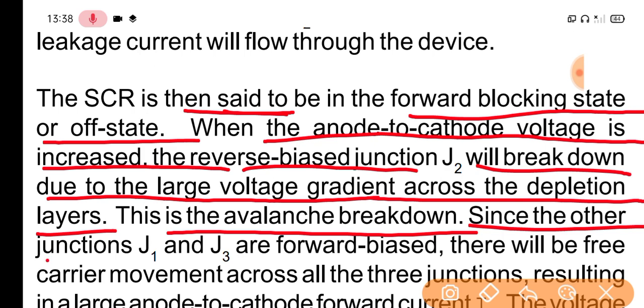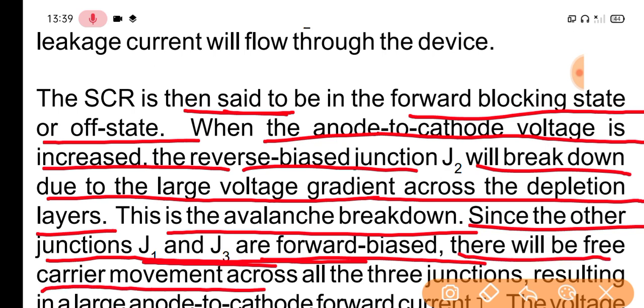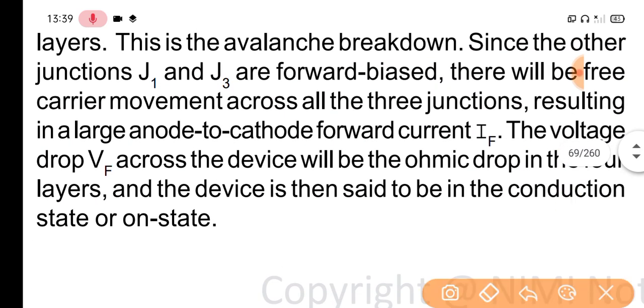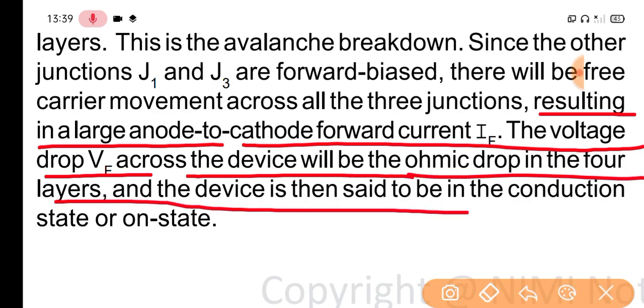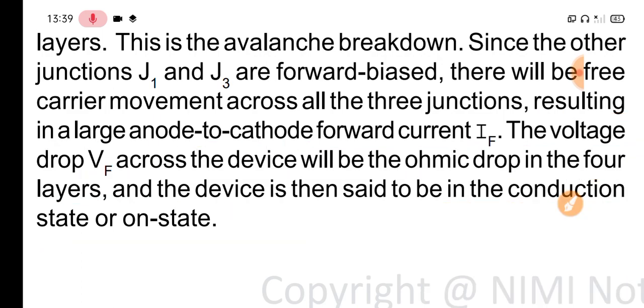Since the other junctions J1 and J3 are forward biased, there will be free carrier movement across all three junctions, resulting in a large anode to cathode forward current IF. The voltage drop VF across the device will be the ohmic drop in the four layers and the device is then said to be in the conduction state or on state.